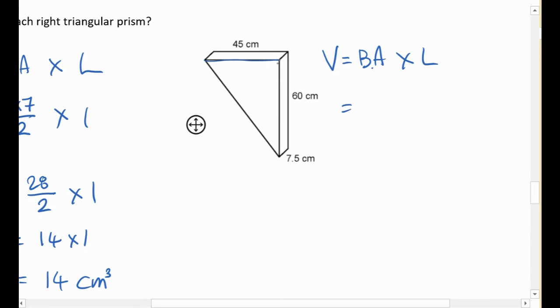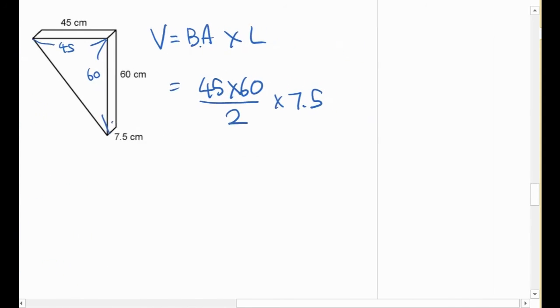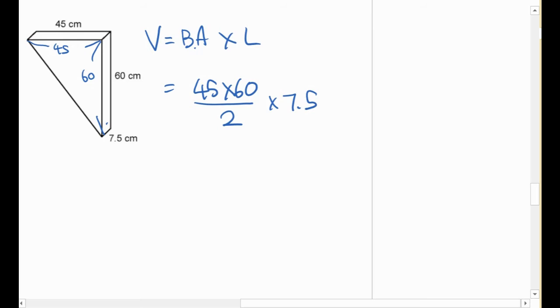So this is a triangle, and from here to here is 45, and here to here is 60. So the base area will be 45 times 60 divided by 2. And this is the height. The length is 7.5.